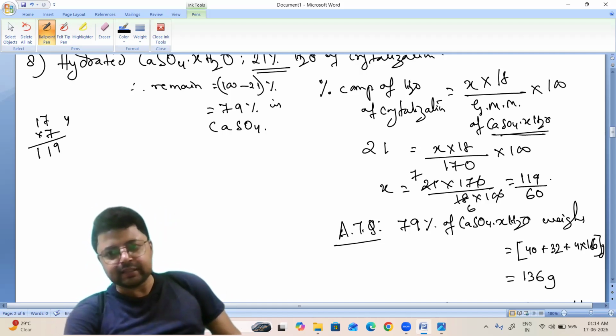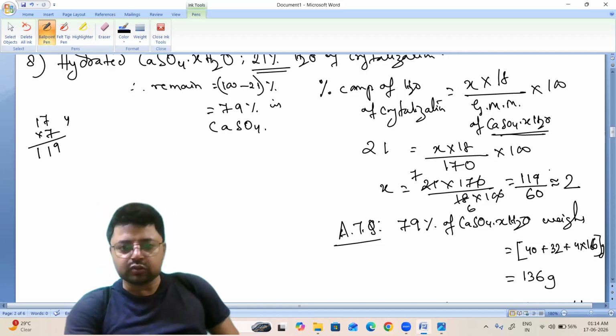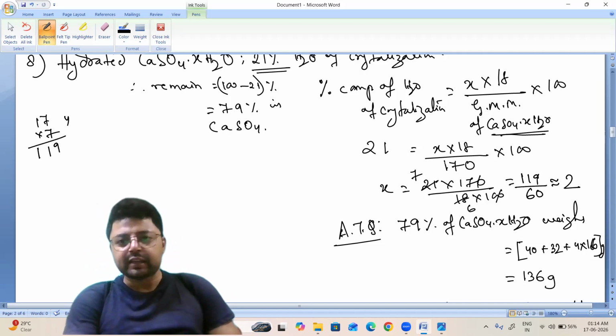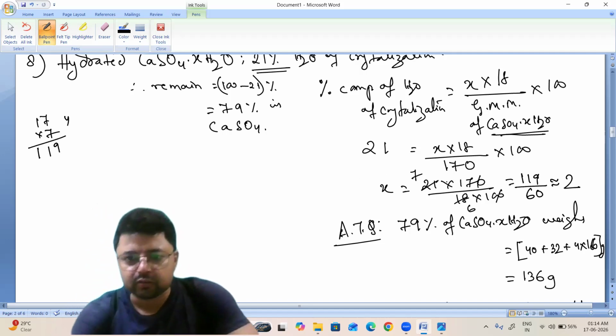So you can see that it will be approximately 2. If it was 120, then you could have got exactly 2. So if you do the math as well, you will get approximately 2.